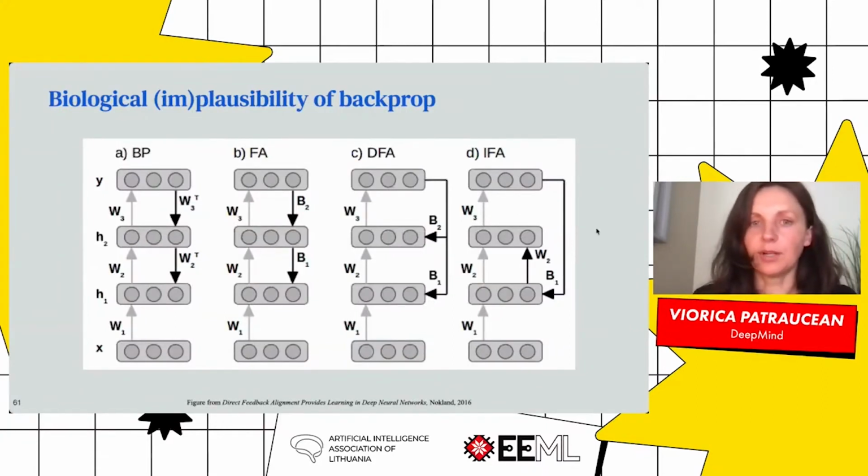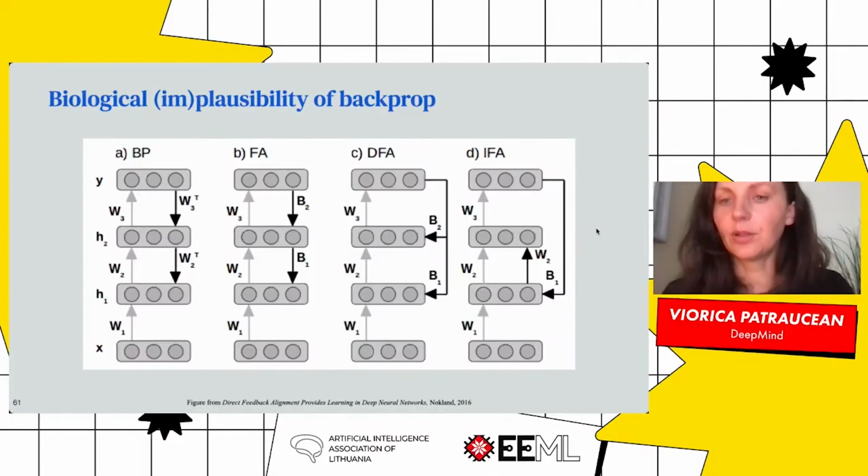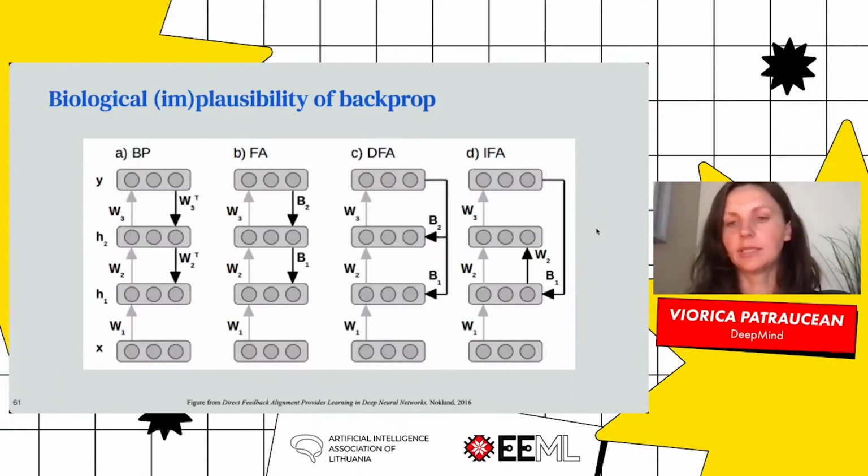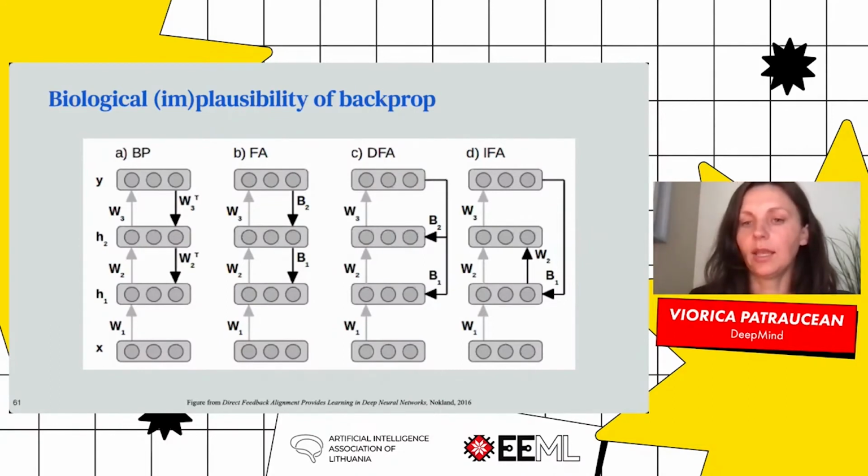So maybe just a few words about the biological plausibility, or rather implausibility, of backprop. This is a figure from a paper from 2016, which highlights why backprop is biologically implausible. And there are different works that try to find more plausible training schemes. On the left, we have the standard backprop.